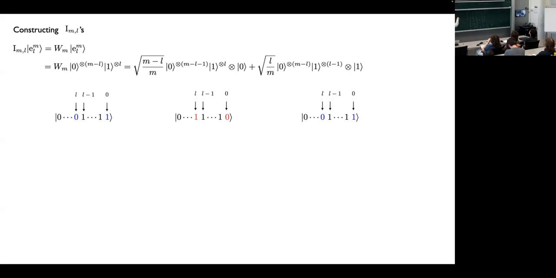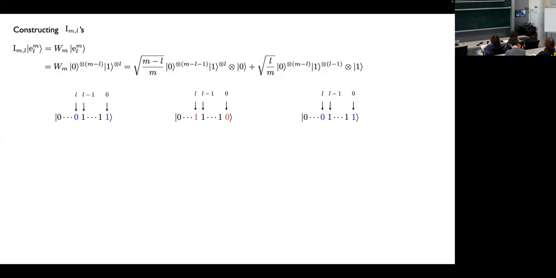If you look here, we have L ones. I've written them here, and then the rest are zeros. And this state here is exactly the same as this state here. Right? I have L ones, and then I have the rest zeros. And the state here is almost the same, except the guys in blue are swapped. So what was a 1 is now a 0, and what is a 0 is now a 1.